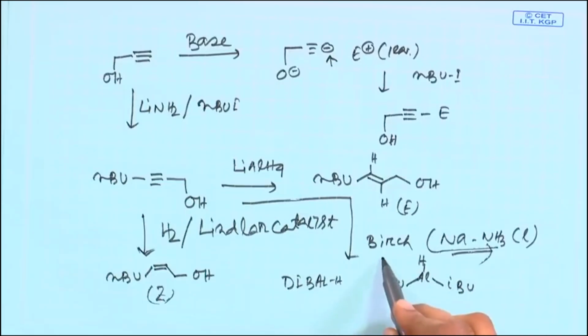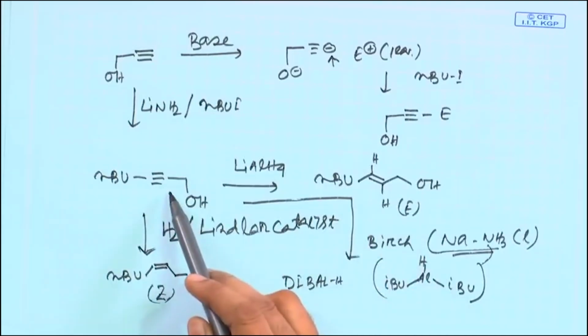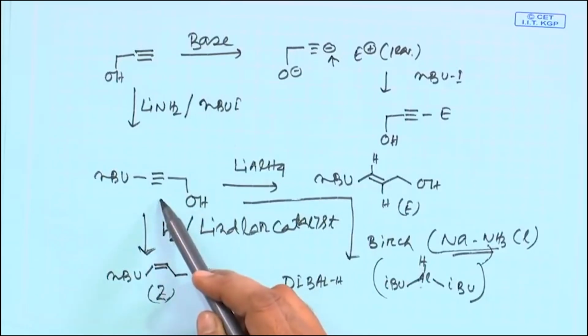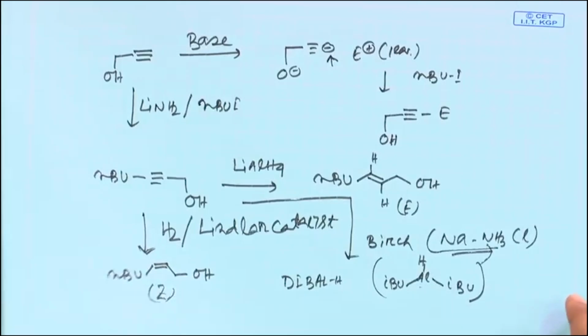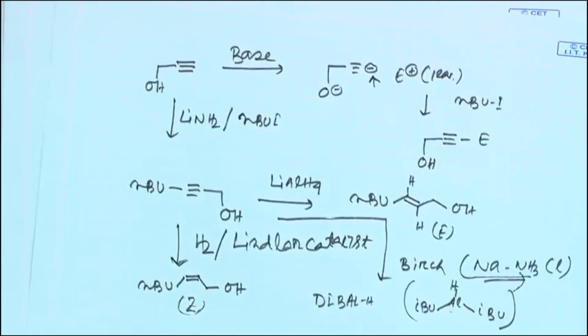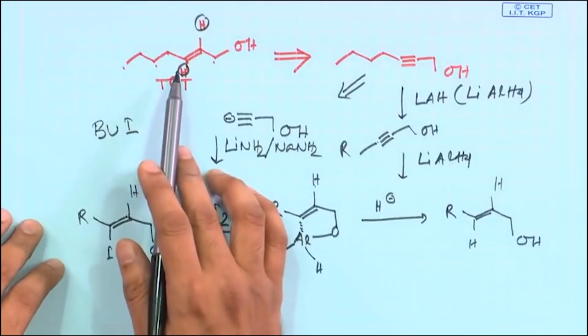It is a pretty sterically bulky hydride reagent and pretty mild, but this reagent also has a similar tendency to give you this E allylic alcohol starting from a propargylic alcohol. So, you can simply play with different reaction conditions to tune the outcome, and if you see the original target, we are looking for a compound something like this.